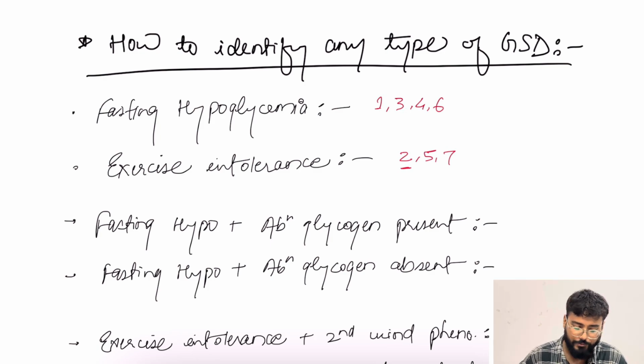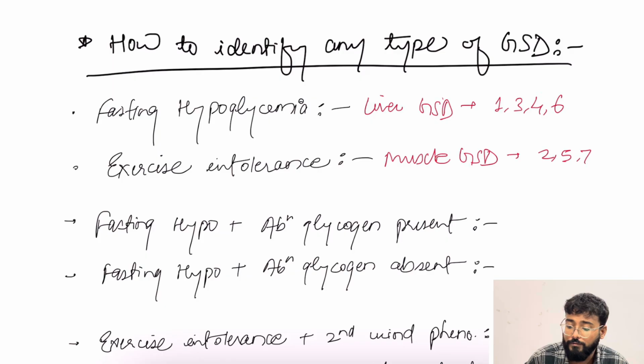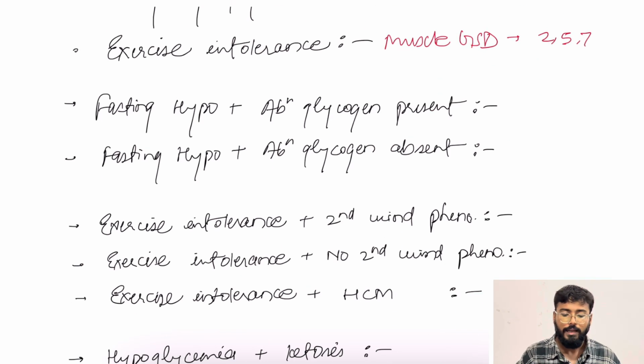So it means fasting hypoglycemia is your liver GSD, that is your 1st, 3rd, 4th and 6th, and exercise intolerance is your muscle GSD, that is your 2nd, 5th and 7th.